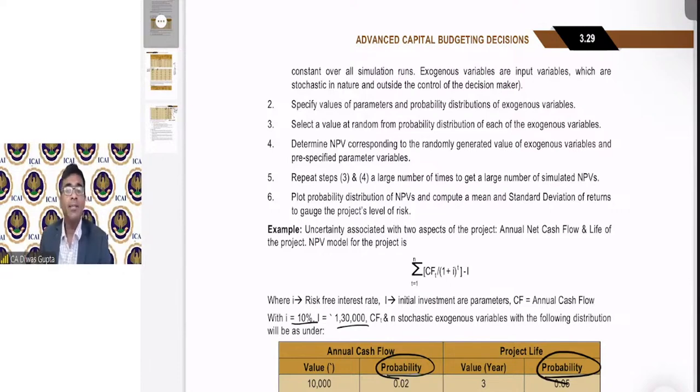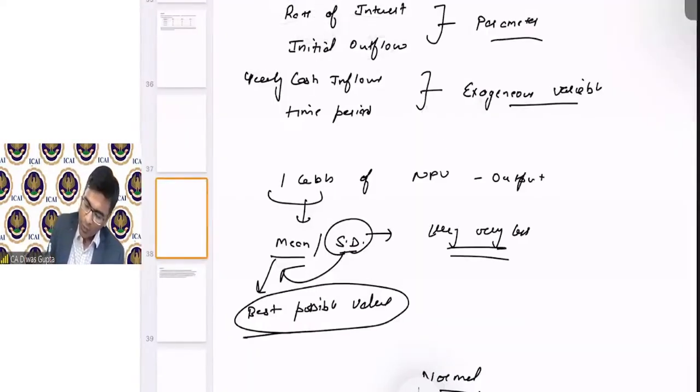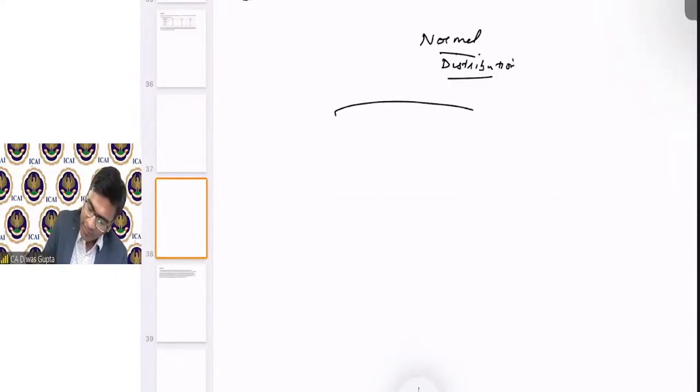These probabilities have been arrived at using a normal distribution table, generally in practical life. We will cover this topic in subsequent sessions. But what does the normal distribution table do? It helps you arrive at the value.